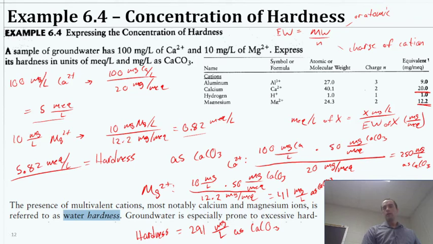They are a little bit like using moles per liter with the milliequivalents. So would be more like millimoles per liter. So we could kind of think of that as 5.82 millimoles of charge per liter. It's one way to express our hardness.